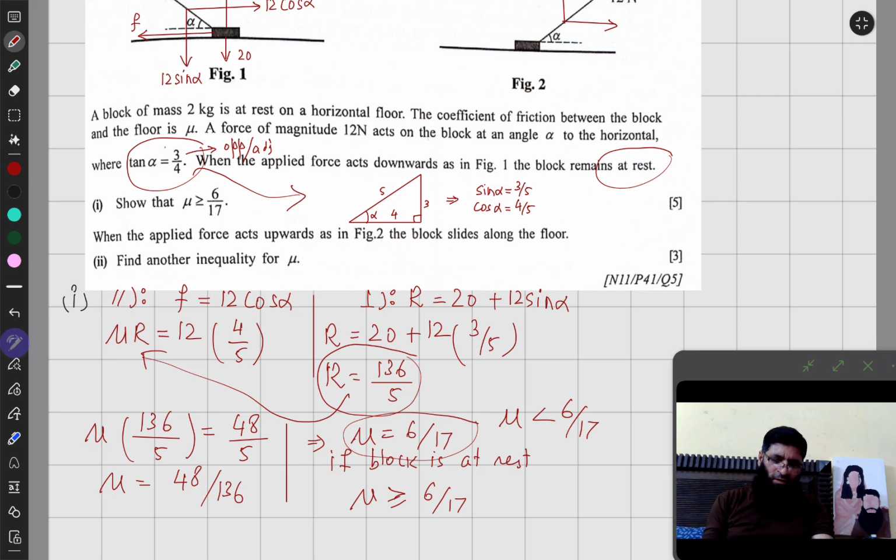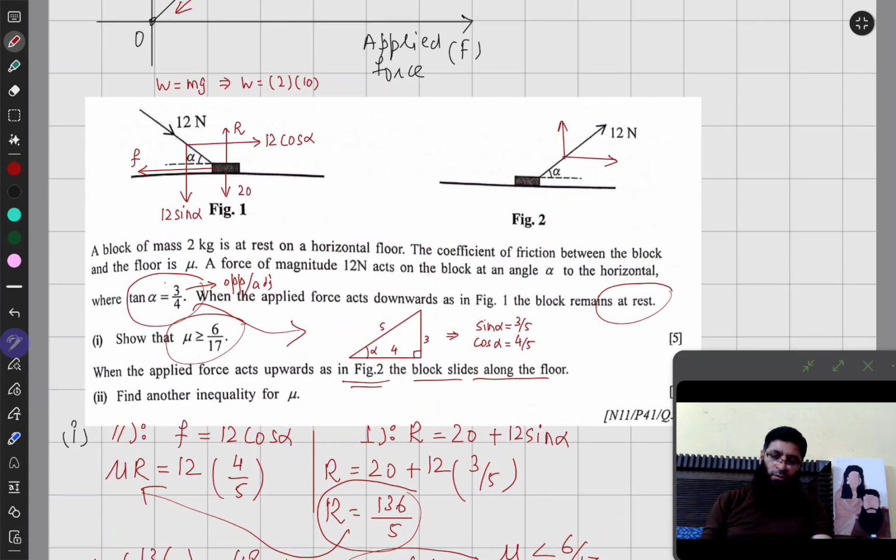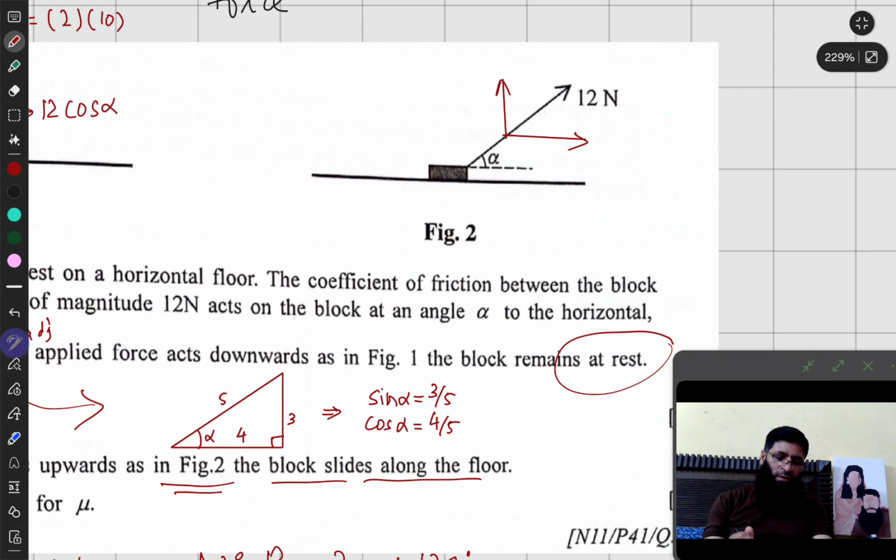Now let's talk about the second part. In this part, in figure 2, the block slides along the floor. Find another inequality, like you have the inequality for part 1 for mu. Look at this diagram. Again, we will construct a force diagram. First of all, look at the diagonal force, it's 12.